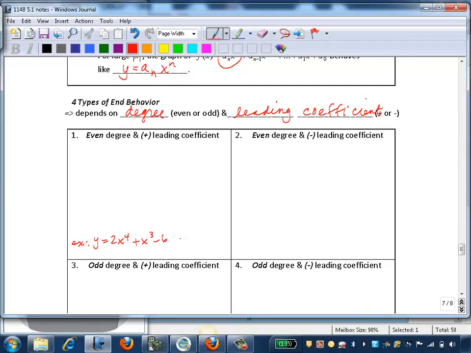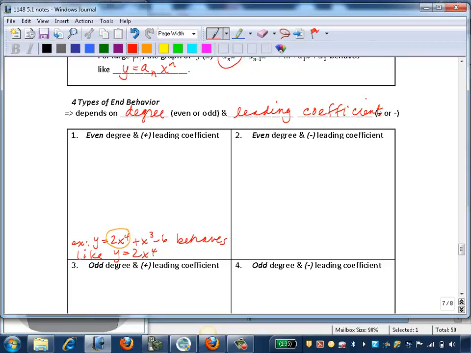It turns out that this function is going to behave like its power function, y equals 2x to the fourth, on the ends. So we're looking at the highest degree term, and if it's written in descending order, it's going to be the first term. It's going to behave like that on the ends. Now, end behavior only talks about the ends, way right or way left, really large x's or really small x's.